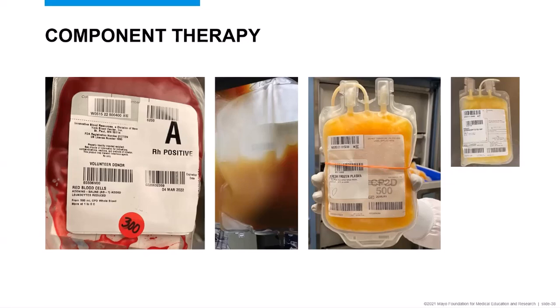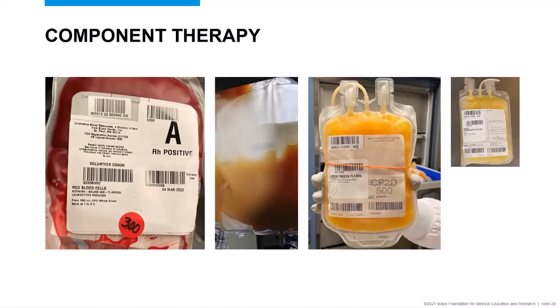The body is not so tolerant if it lacks oxygen carrying capacity, right? So when we have our bleeding patient, a lot of times our focus is on yellow products. What I want to make sure you understand is that we need to maintain that oxygen carrying capacity. We need to maintain the patient's red cell mass.